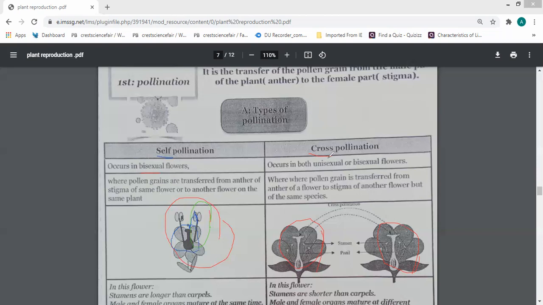About cross-pollination, it occurs in both unisexual and bisexual flowers. In this kind of pollination, the pollen grains transfer from the anther to the stigma of another flower, or the same flower but the same species.